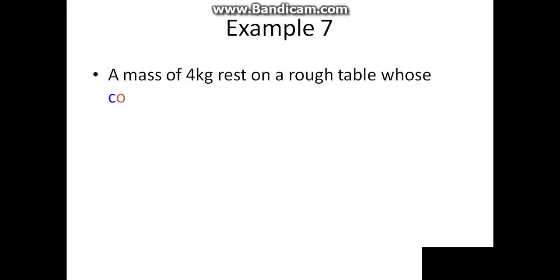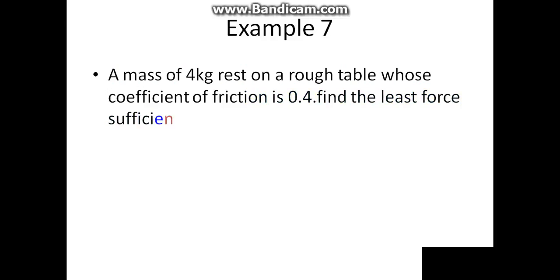Example 7. A mass of 4 kg rests on a rough table whose coefficient of friction is 0.4. Find the least force sufficient to make it move. Take force of gravity equal to 9.8 meters per second squared.